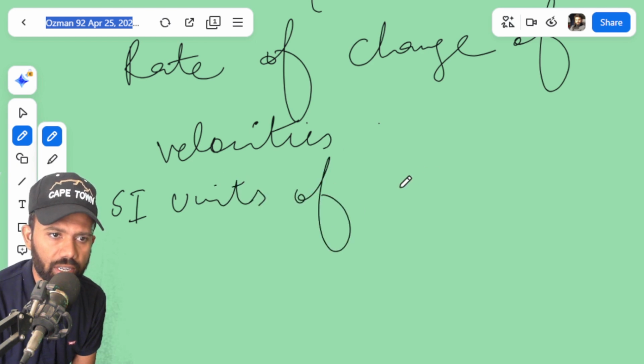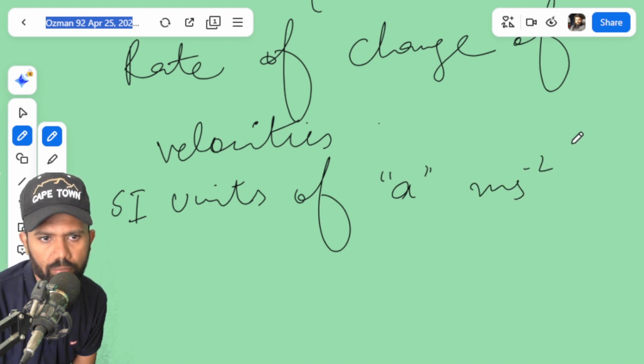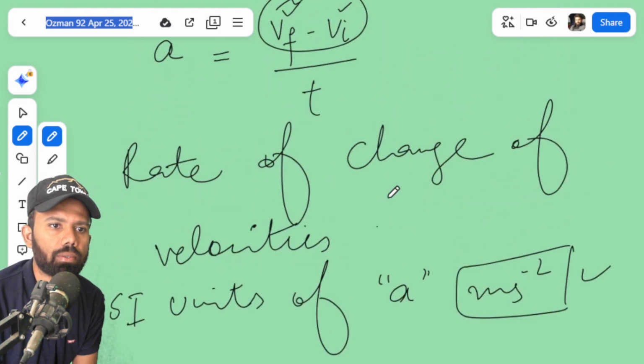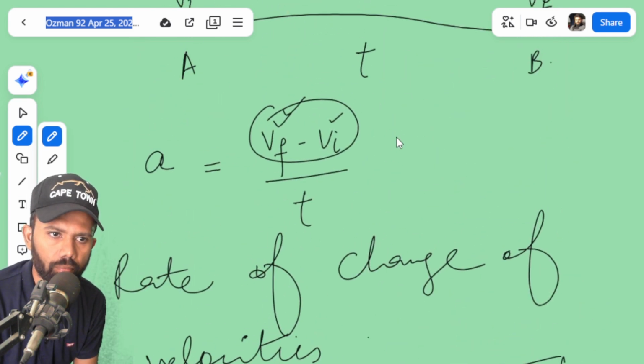And now let's discuss the SI units of acceleration, that is meter per second square, right? How do we get it?